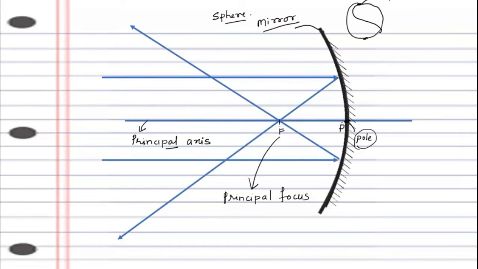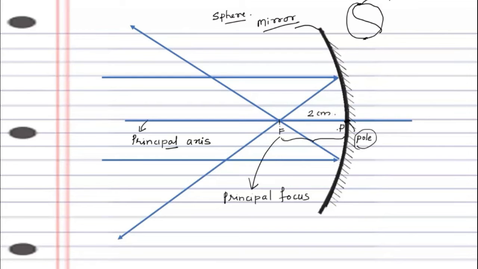Right? And there is one more thing which you should take care of. Suppose when you draw this in your notebook, the distance from P to F is, let's say, 2 centimeters.